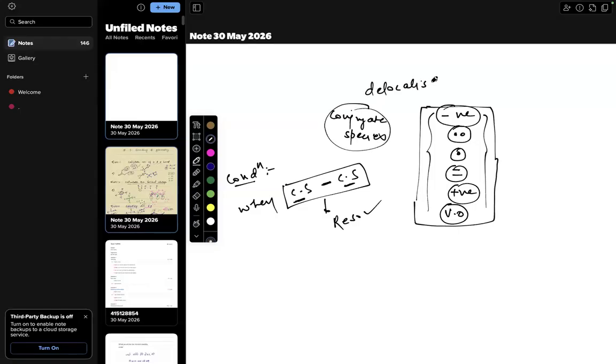For example, the lone pair is a conjugate species, the double bond is a conjugate species, and you can see they are separated by a single bond. So both are conjugated because we have the condition for this. So we can say this lone pair is delocalized and this double bond is also delocalized. Make sense?